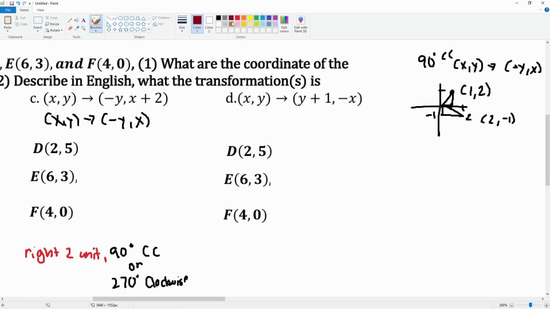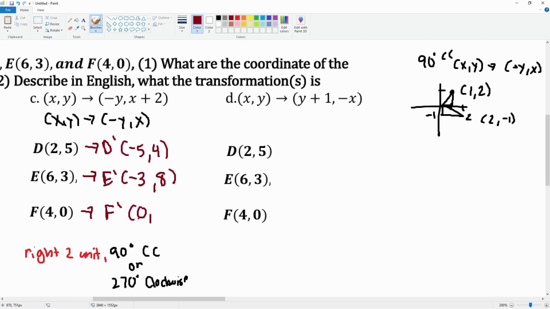So let's apply it. D prime, you negate the 5 and add 2 to the x, which is a 4. E prime, you add 3 to the 6, so that becomes 8, and negate the 3. F prime, it is a 0, and then you add 2 to the 4, that becomes 6. So that is right 2 units, 90 counterclockwise or 270 clockwise.